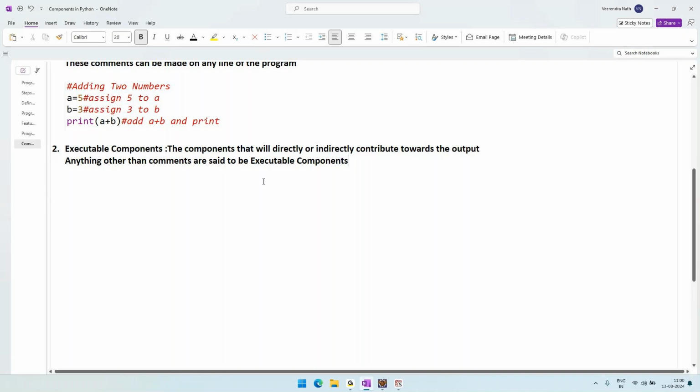So whenever I'm saying executable components, it means the components that will directly or indirectly contribute towards the outputs. Anything other than comments, whatever it is, we call them executable components.